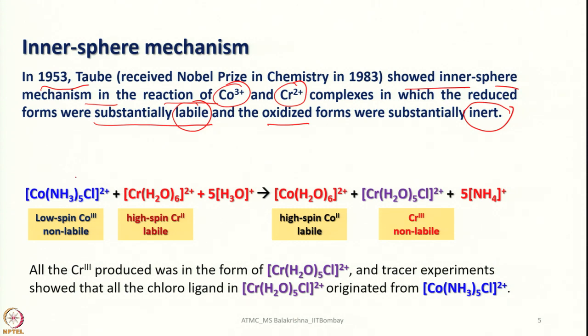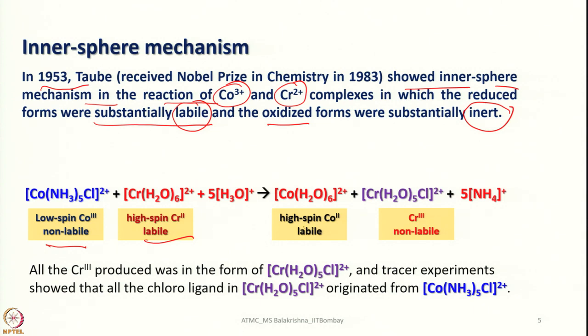So, let us look into the reaction given here. We have taken pentaamminechlorocobalt 3 plus, a low spin, non-labile complex, because with cobalt in the +3 state the bond distances are very small and the bonds are stronger. And then we are taking the high spin complex hexaaquachromium 2 plus. Once the redox process is over, the moment you see the substrate molecules, you should be able to tell which pathway this is going to follow when the electron is transferred from one species to the other.